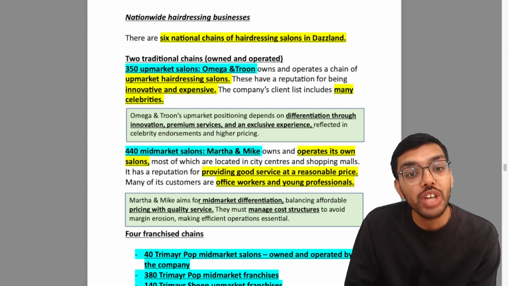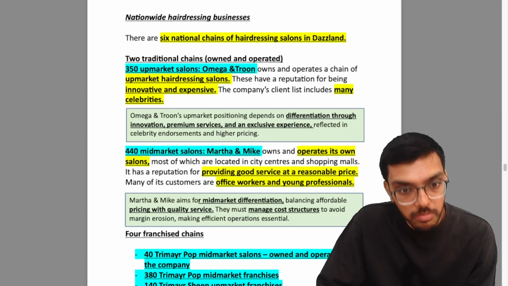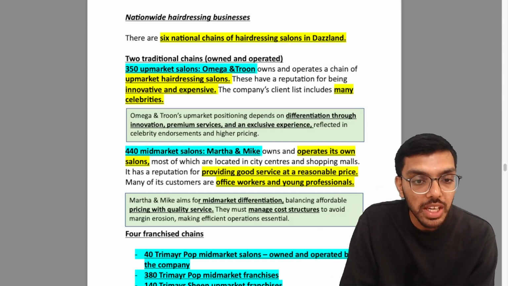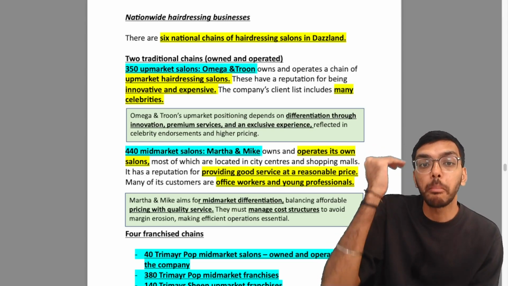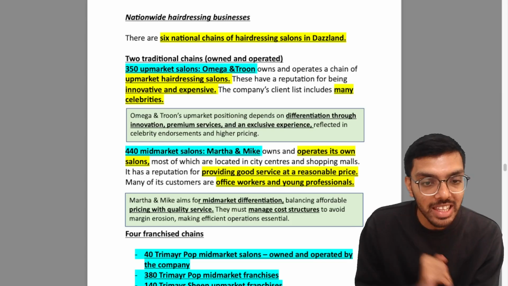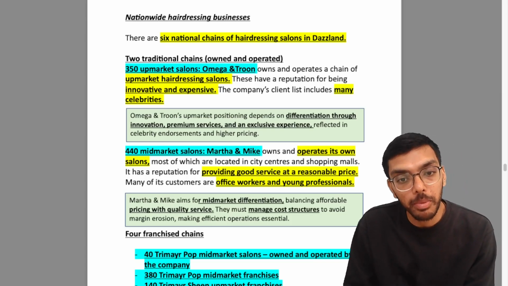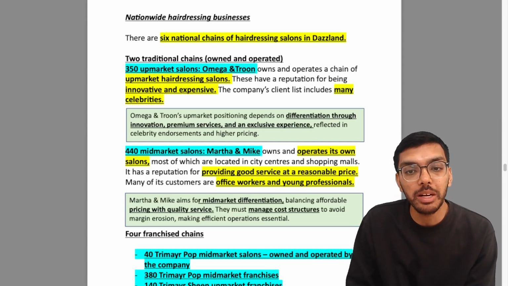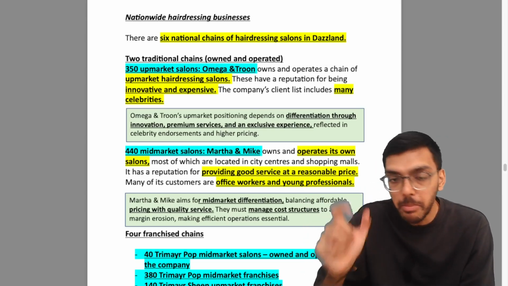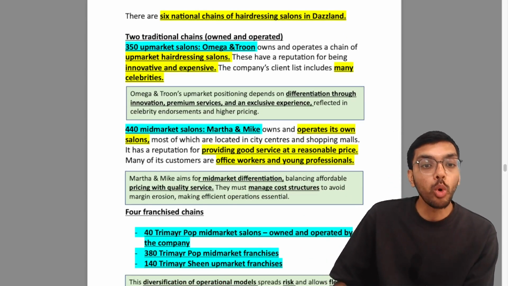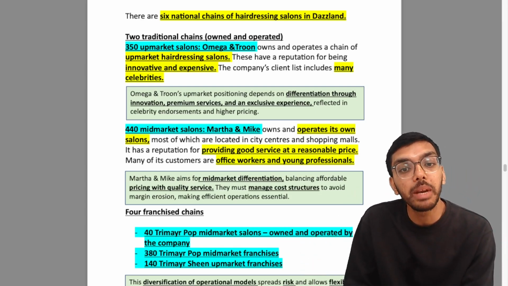Now come the franchised chains. In the franchise chains, first one is Trimayr. We are in the mid-market segment and in the upmarket segment. So 40 Trimayr Pop mid-market salons are owned and operated by the company. So we own and operate 40 salons which are in the mid-market segment. Then we franchise 380 Trimayr Pop mid-market salons.